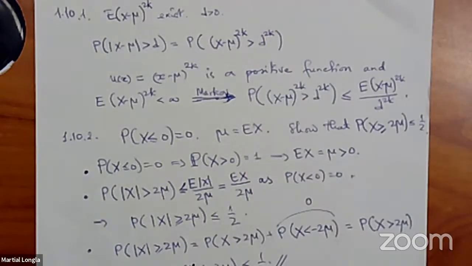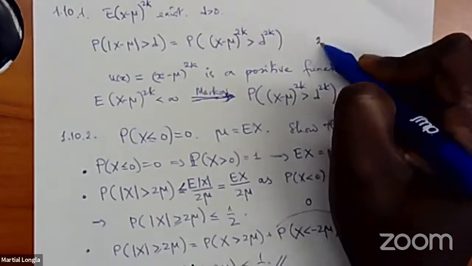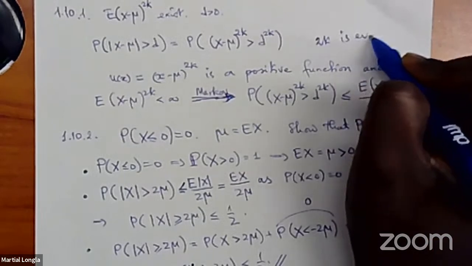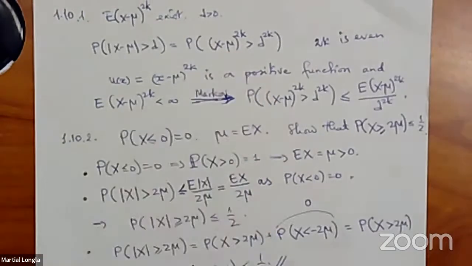Why is that? Because 2k is given. Because if that was an odd number, then this thing wouldn't be correct.